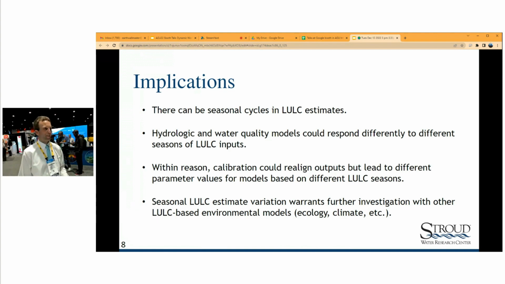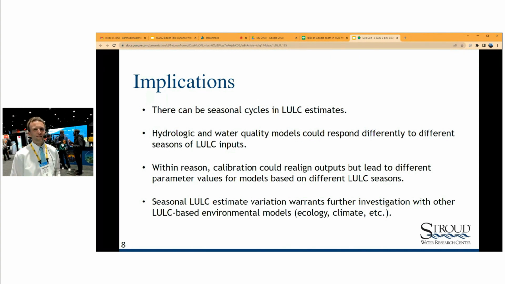Finally, we think these findings of seasonal variation in land cover estimates definitely warrant further investigation with models, not just for the hydrology and water quality that we looked at, but also in other fields that use environmental models based on land cover, such as atmospheric science, biogeochemistry, and ecology.